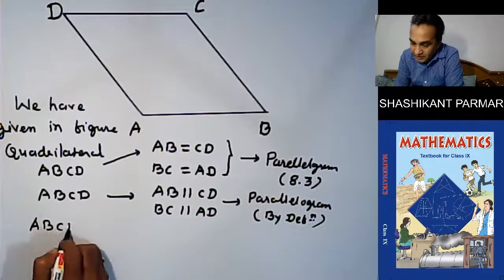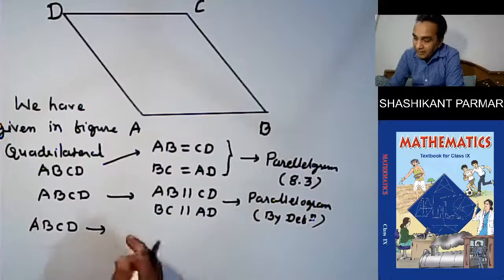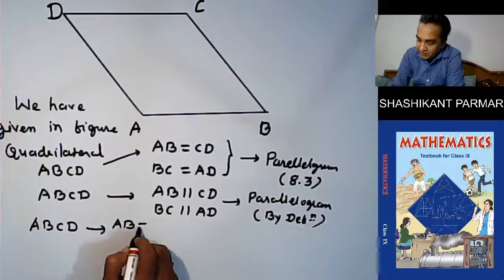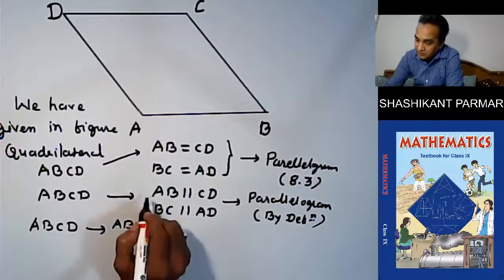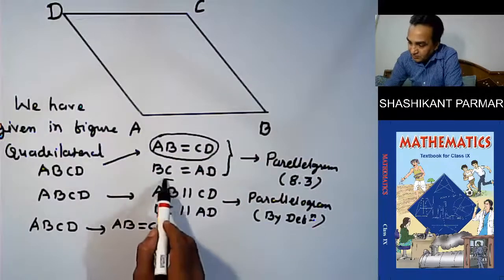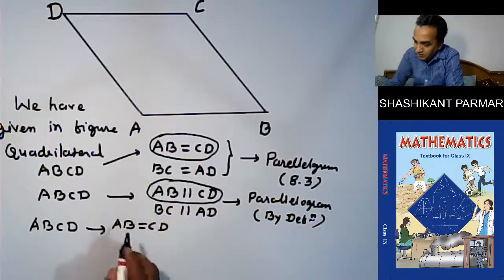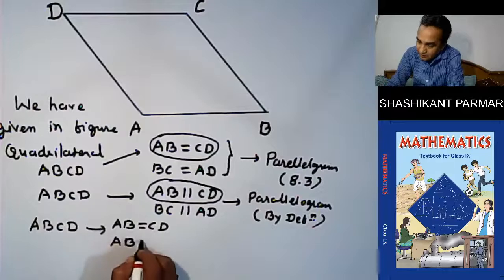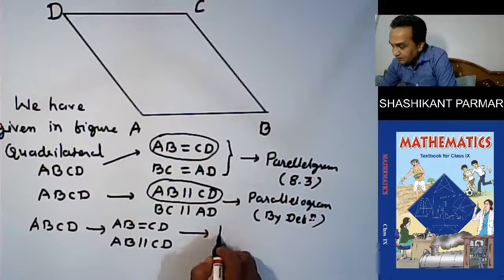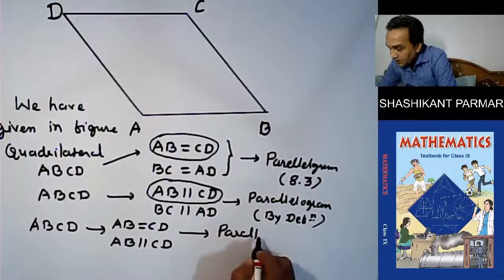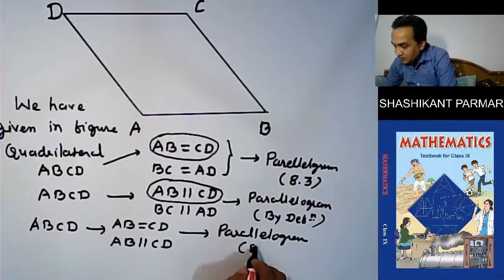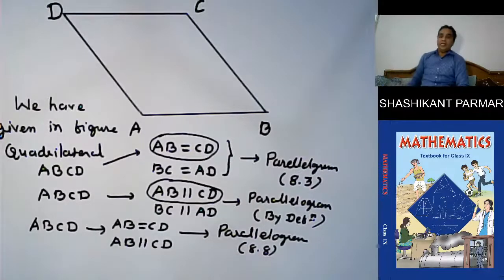ABCD is a quadrilateral and take one pair. If AB is equal to CD, and AB is parallel to CD, then this is a parallelogram, and this says theorem 8.8.